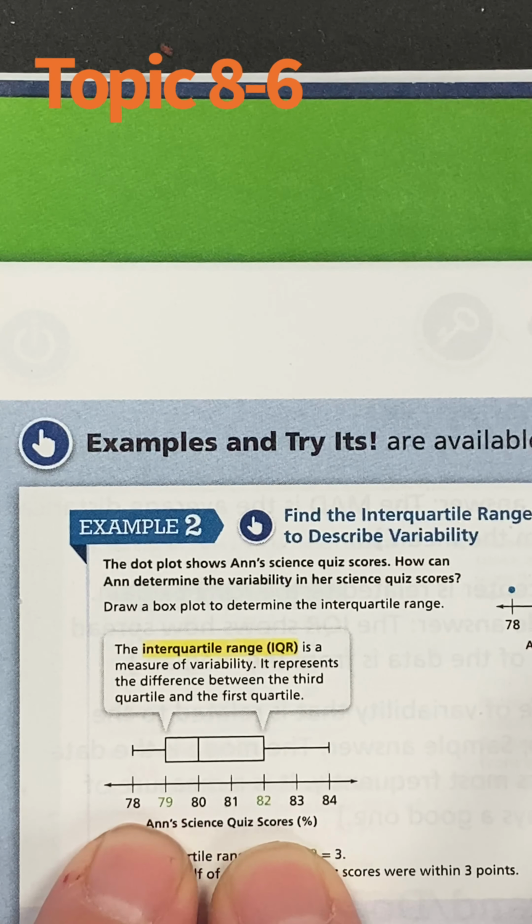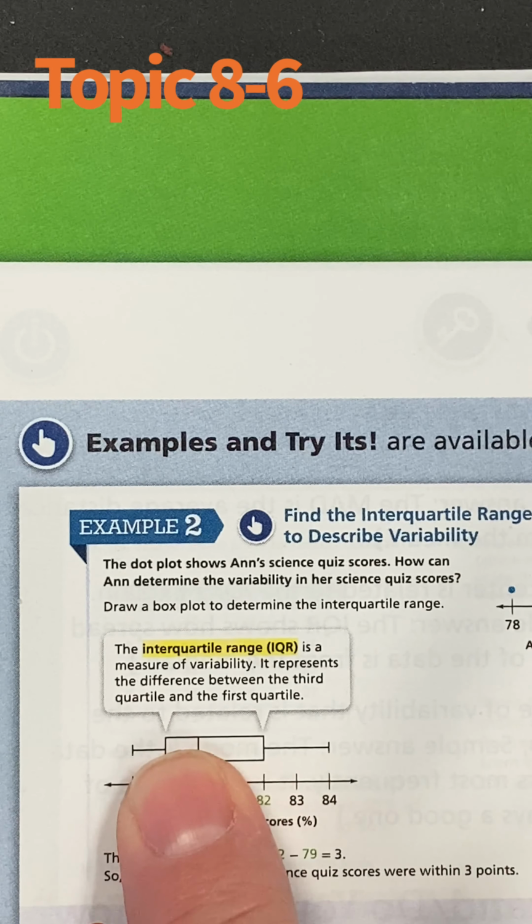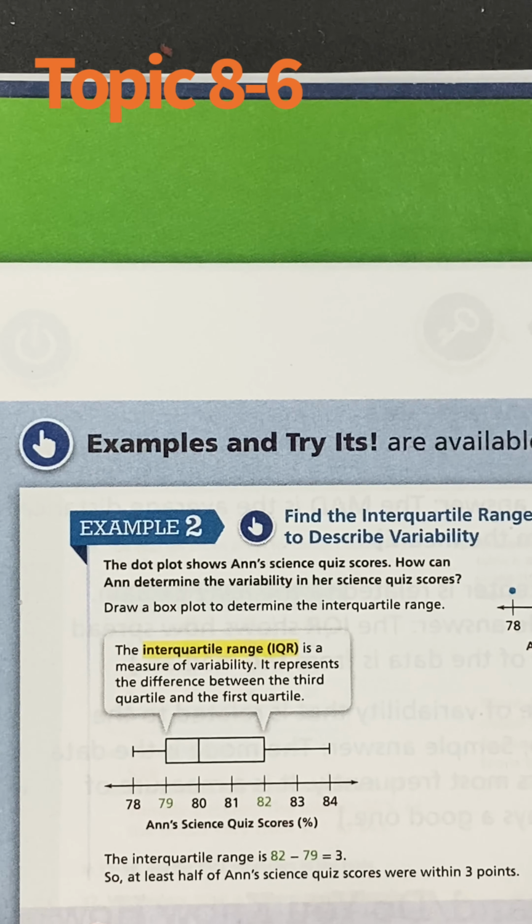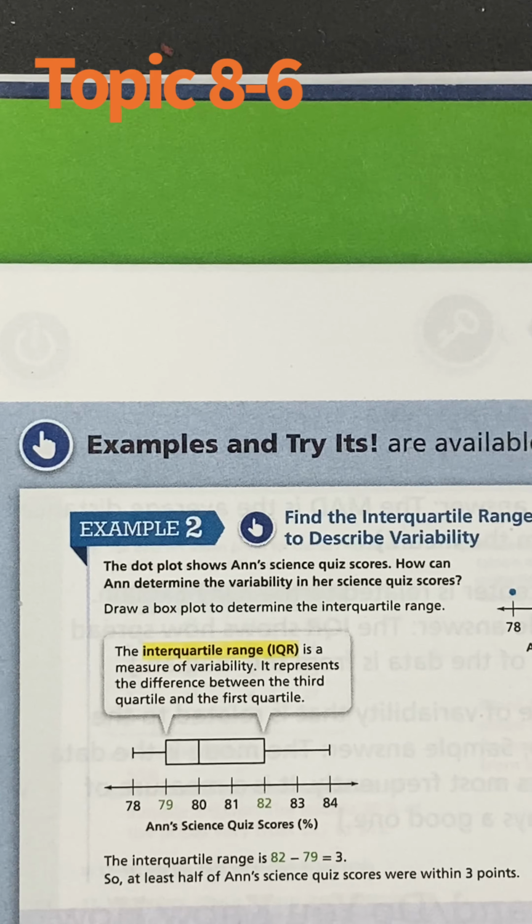And so you would subtract that. And so that range from the first to the third is 3. And so that just means that, again, it's about 3 percentage points apart. I can't remember what her mean is on this one.